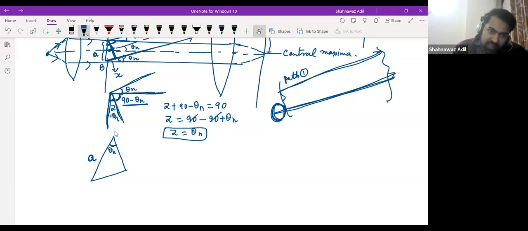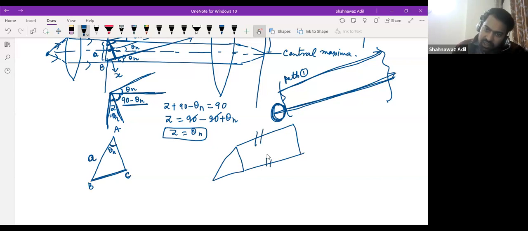So we have to find this BC. This BC is the path difference that I'm talking about because the rays are going like this. This distance is equal, so only this extra distance is covered by the second ray. That would be the path difference.